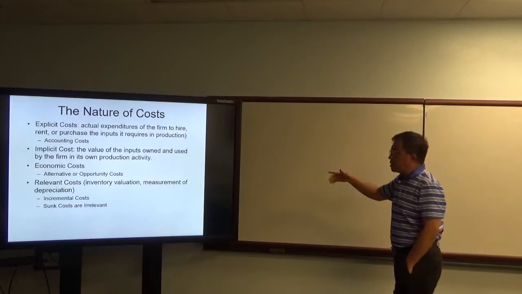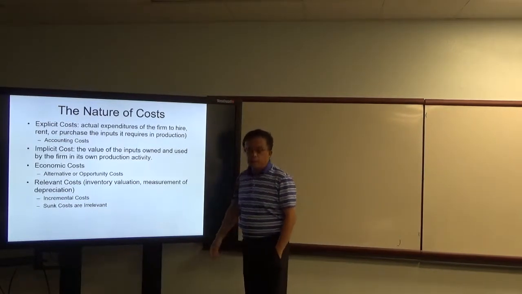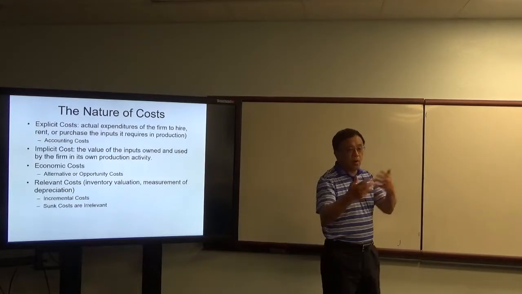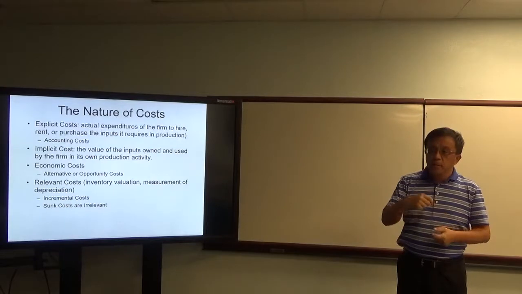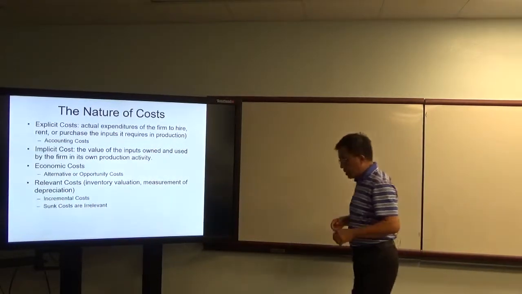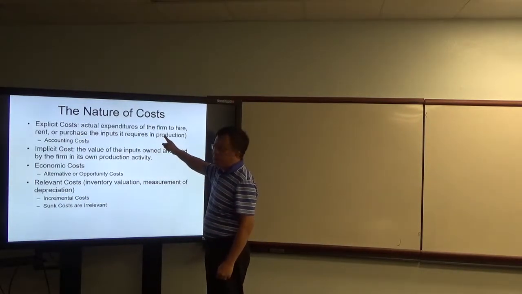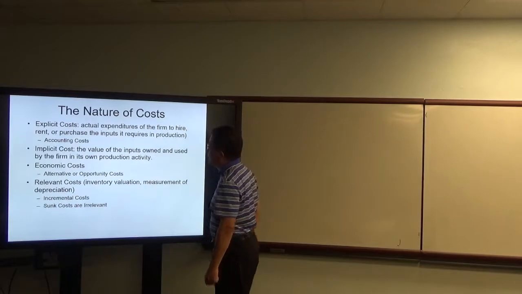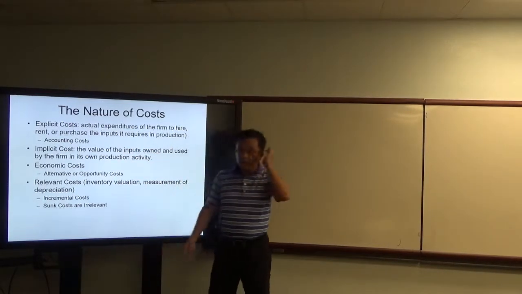And probably we discussed this before, that in economics, all costs are opportunity costs. Something you have to give up to get it. But more specifically, we have explicit costs and implicit costs. So what are the explicit costs?